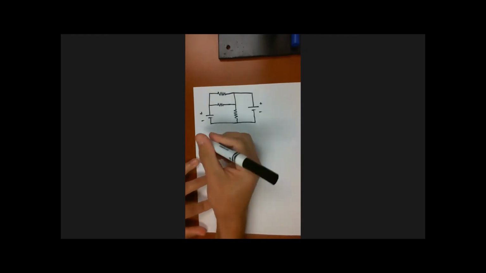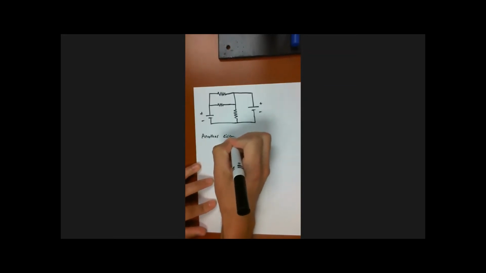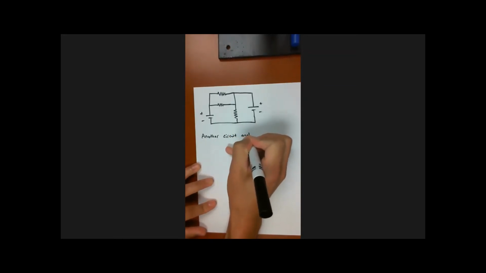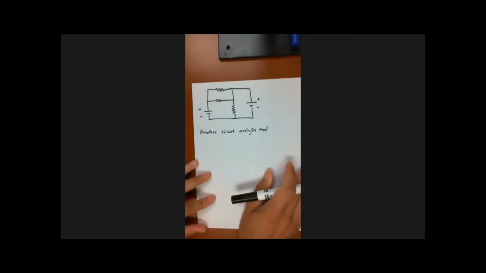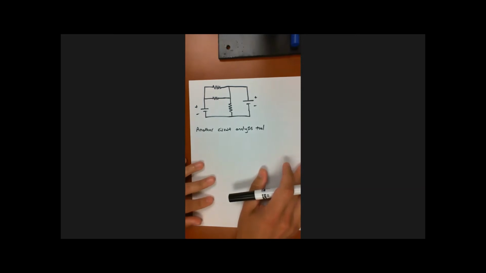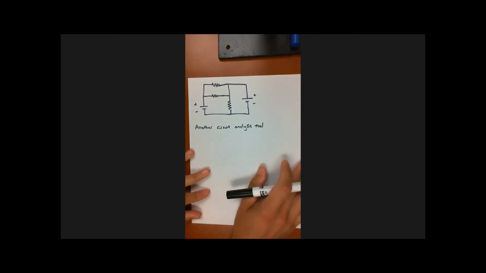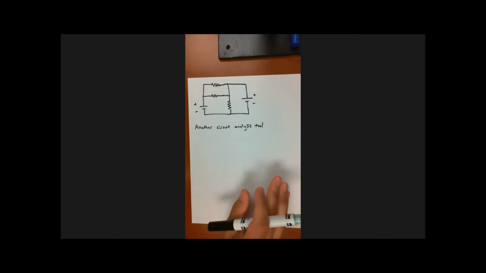So I just want to emphasize, what I'm going to show you today is just another circuit analysis tool, all right? It's not like some exotic magic thing. It's kind of similar to Ohm's law in the sense that it's just a tool that you can apply to circuits to solve for component currents and component voltage drops and things like that.